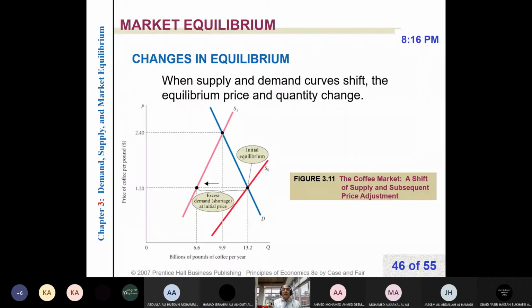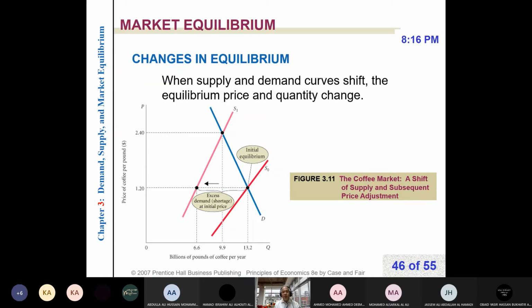Hamad Ibrahim, read this for me. Market equilibrium. Listen to me. Equilibrium.